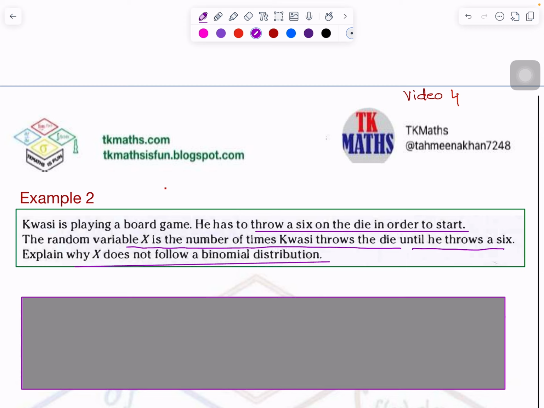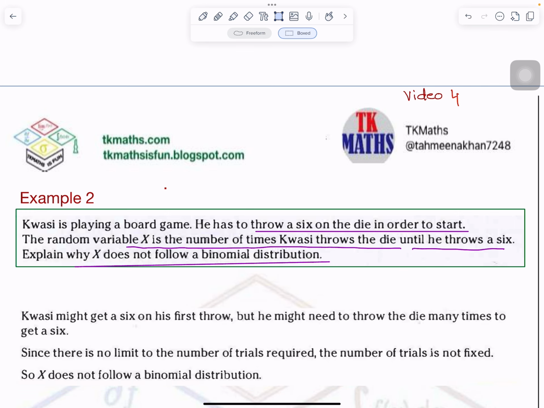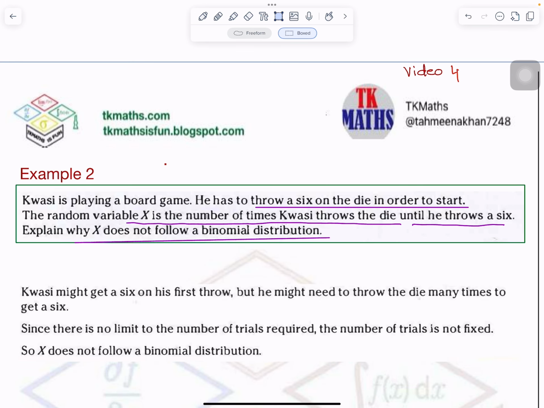The number of trials is not limited. It is not fixed. It says until he gets a 6. So maybe he does not get a 6 in 5 throws, 10 throws, 12 throws. We don't have an exact number. Since there is no limit to the number of trials required, that's why it does not follow binomial distribution.